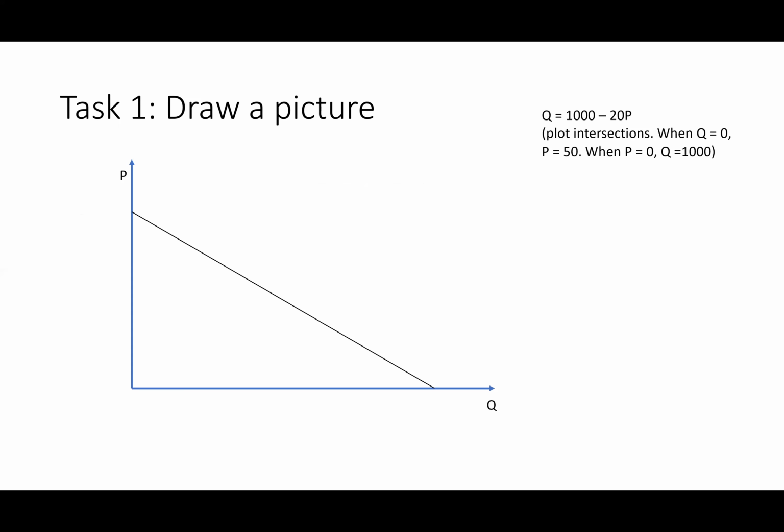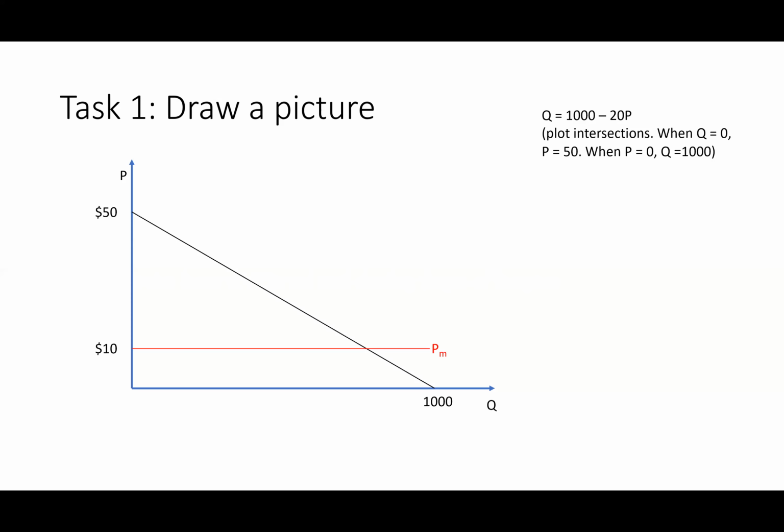Then you switch it around and put 0 in for P. So when P equals 0, then you've got Q equals 1000 minus 0, or Q equals 1000. So you plot those points on your PQ axes, and you are off to the races.